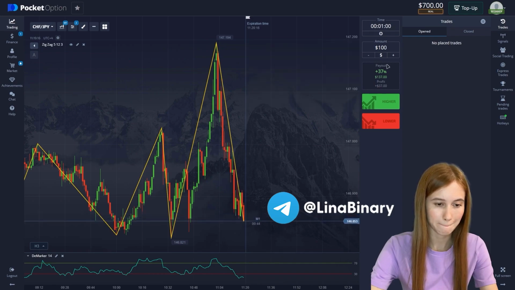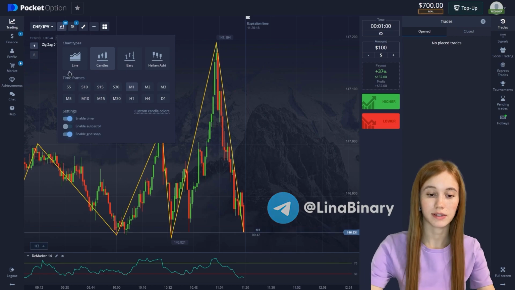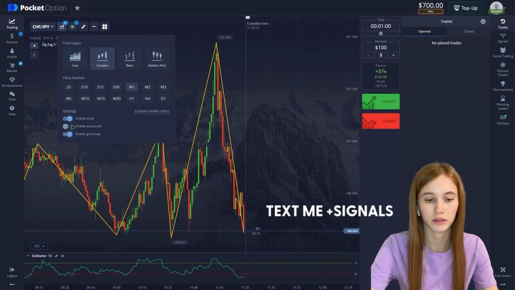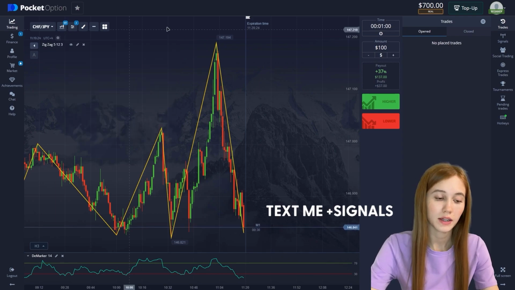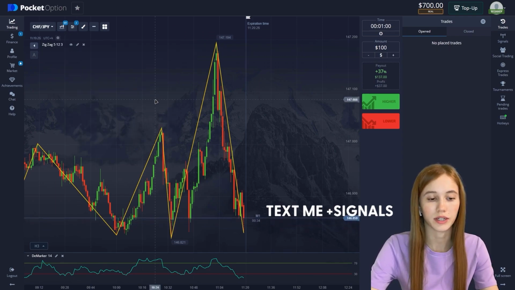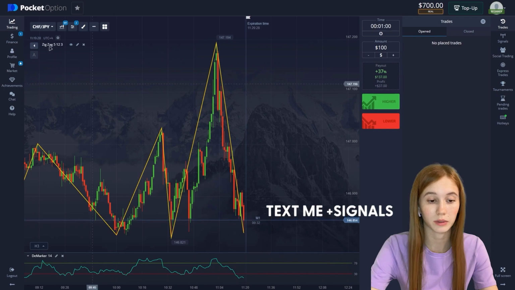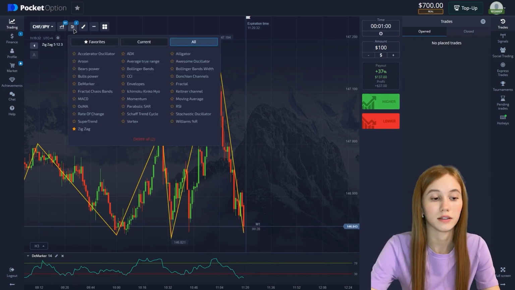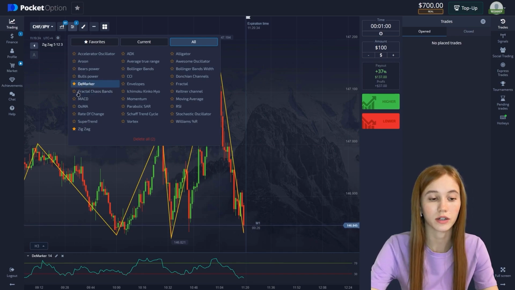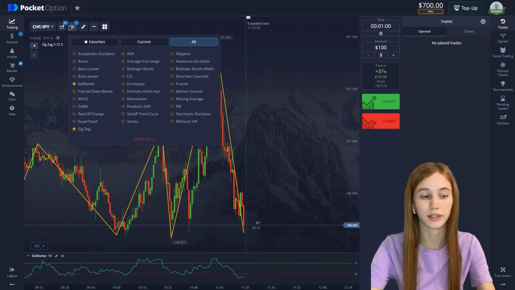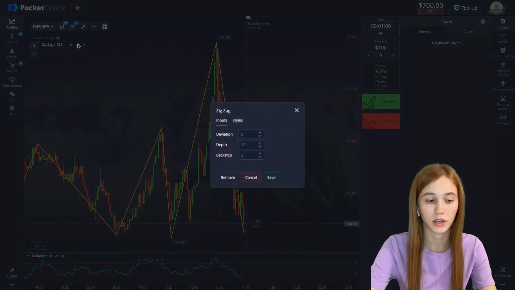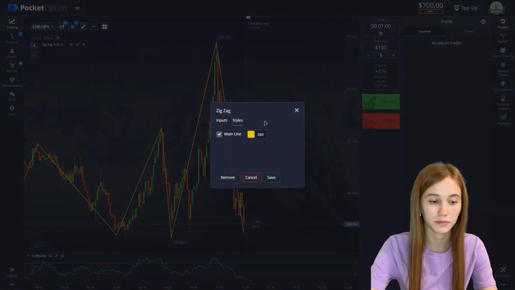Let me show you the zigzag settings, here they are for anyone who needs to copy them. In general, this indicator operates on a simple principle. It highlights the highest and lowest points of the chart and connects them directly with lines, ignoring small fluctuations.